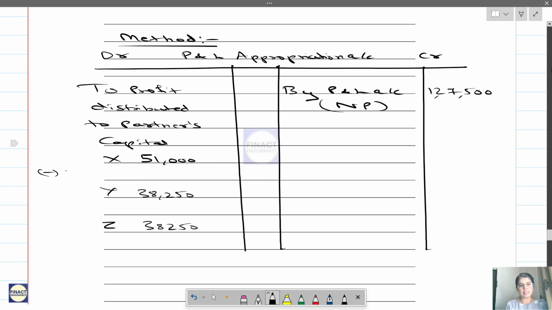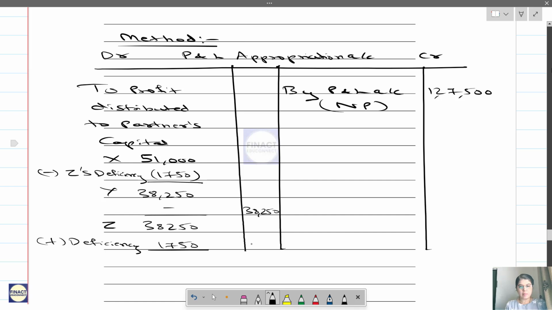So less Z's deficiency 1750. And here in Z we will add deficiency 1750. Okay, and then for Y there is nothing, so the same profit will come outside, 38,250.